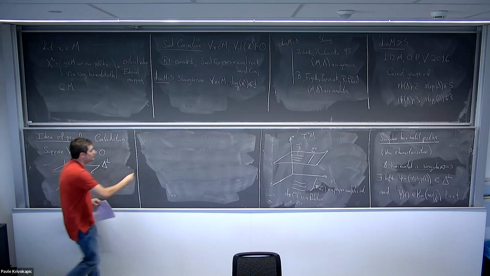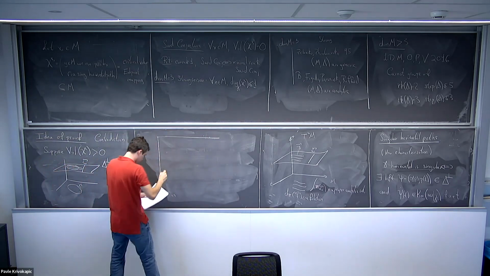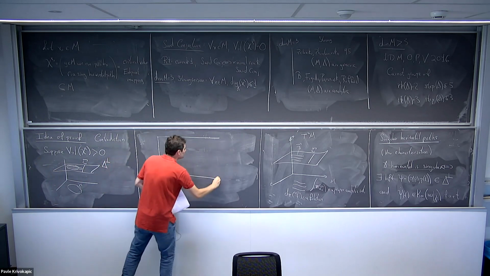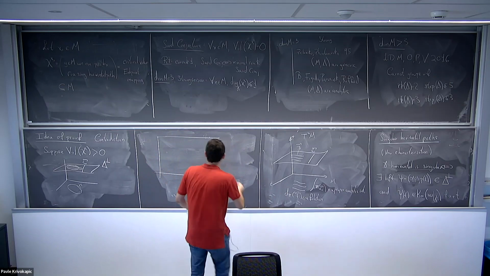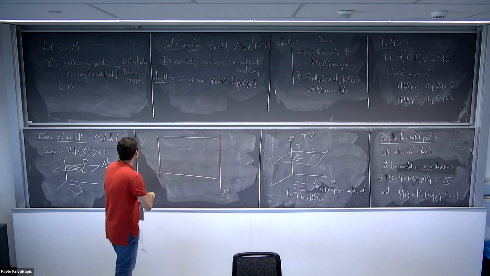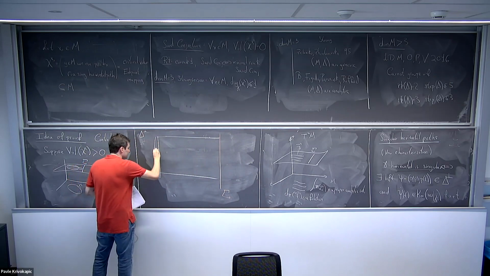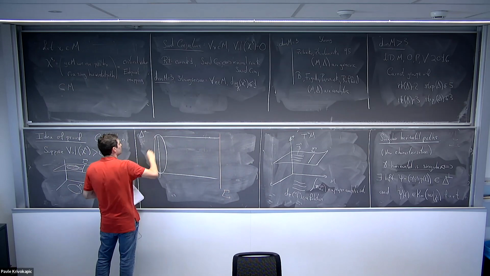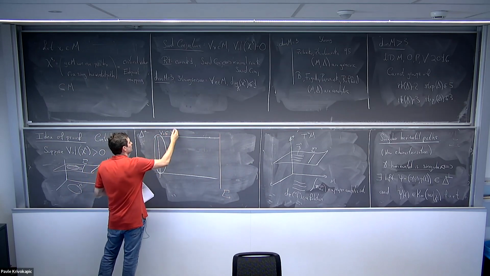So let me do this. So like this. I have the singular set here. So this is a representation of this guy. And what I'm saying, I'm taking this part here, V0, which is contained in the preimage of this guy, right?